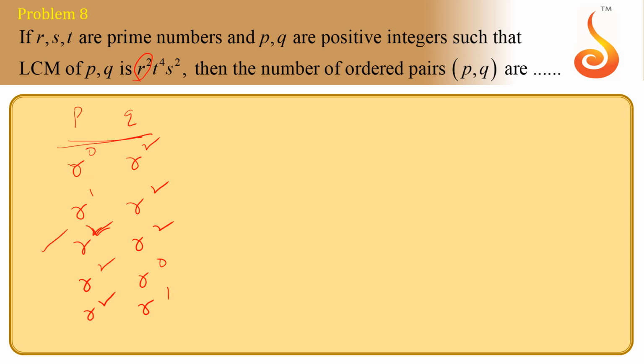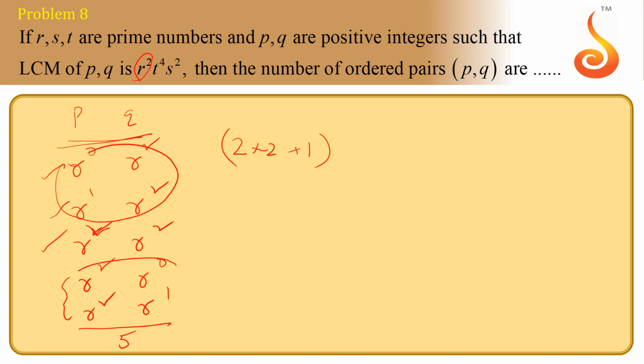So to produce r square, how many combinations are possible? 5. You can understand it like this: r power 0 with r square, r power 1 with r square, r square with r square. The same 3 you can interchange in another 3 ways. So total 6 ways, but r square with r square is counted twice, so minus 1. So I can say 2 into 2 plus 1, or 3 into 2 minus 1, both are the same.